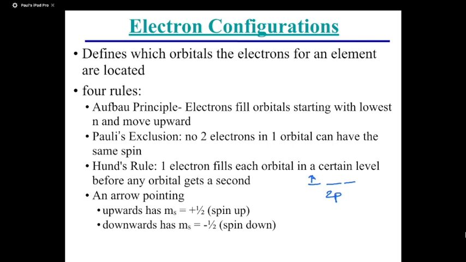The second electron goes into the second one. And the third electron goes here. Hund says you have to fill all of those before you start pairing up. So you have to fill one room with one person each before you do pairs. Okay? And then arrows pointing up indicate plus 1/2. Arrows pointing down indicate minus 1/2.